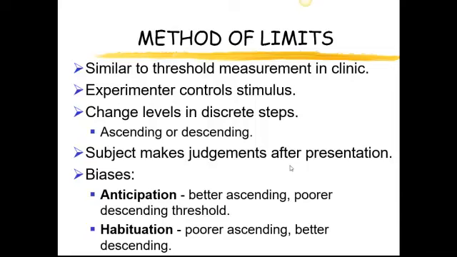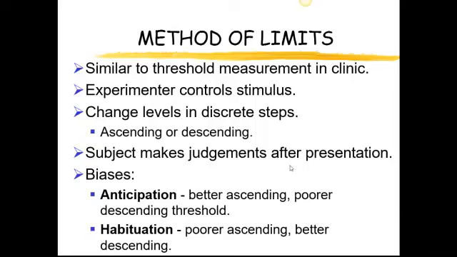With the method of limits, we can use an ascending or descending, or actually both, one sweep ascending and one sweep descending, or vice versa. And what happens with the method of limits is the subject then is going to make a judgment after each presentation. So they're going to say, yes, I heard that, or no, I didn't hear it.